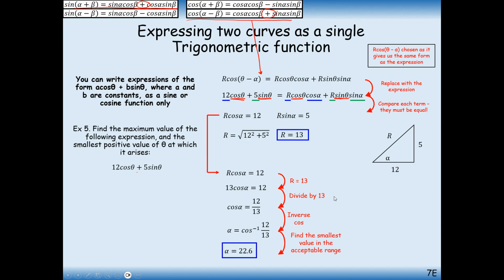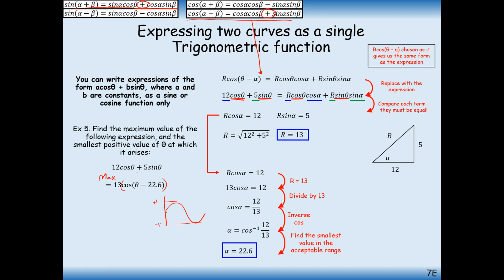So how do we answer the question as they asked us to do? We can rewrite this expression as 13 times cos of theta minus 22.6. And when will we get the maximum for this curve? Cos of any curve will oscillate between 1 and minus 1, so the maximum and minimum of the original cos curve are plus 1 and minus 1.